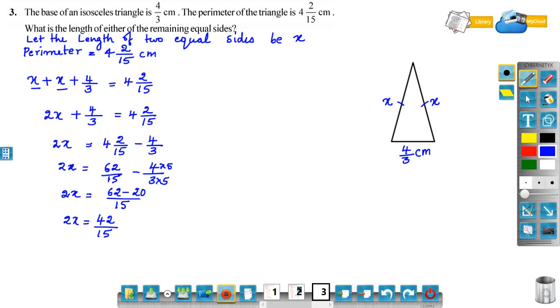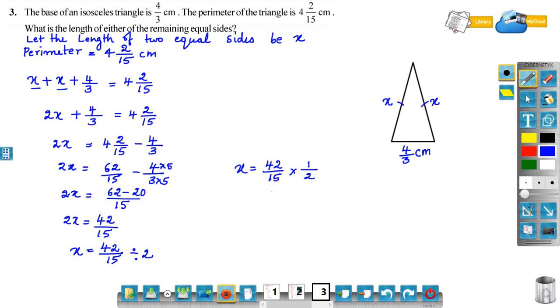So 2 into x is equal to 42 by 15. x is equal to 42 by 15 divided by 2. So x is equal to 42 by 15 into, take the reciprocal of 2.